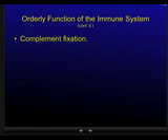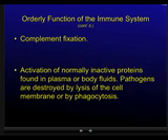Okay, complement is an extremely interesting set of chemical cascades that help humoral immunity to properly function. They also help cell-mediated immunity. Complement fixation leads to enhanced destruction of pathogens.